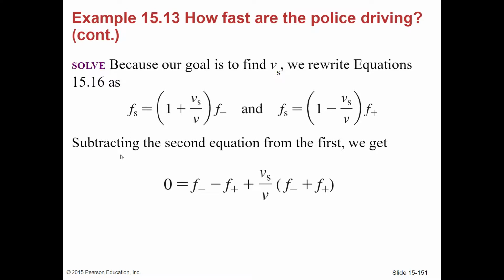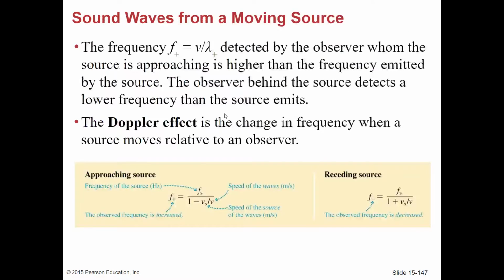So what they do is they subtract the second equation from the first equation. And we get this. So what they did is they rearranged the equations. Notice that Fs is over here now. In the actual equation, Fs is on top, right?